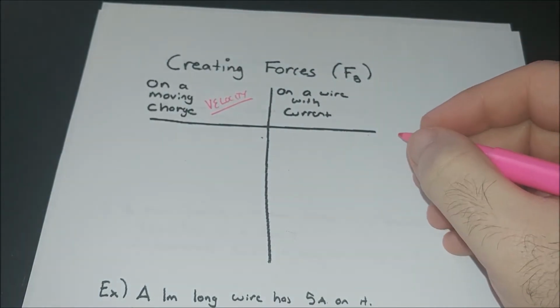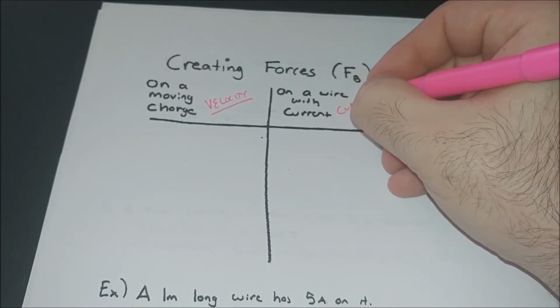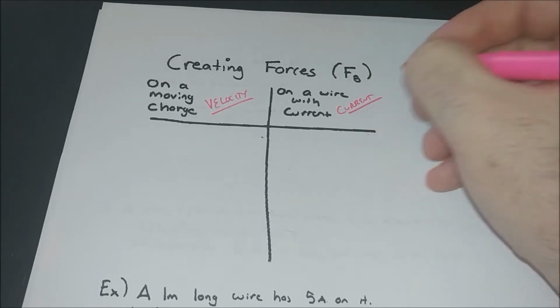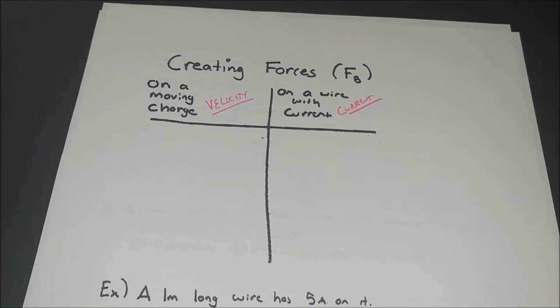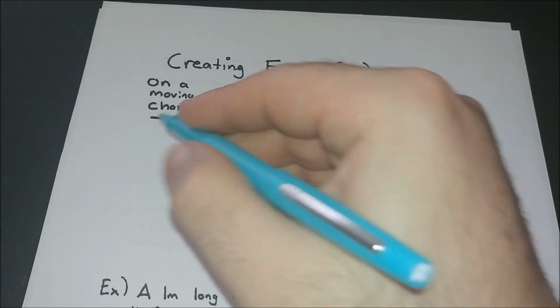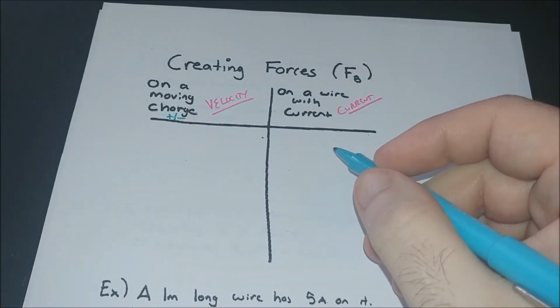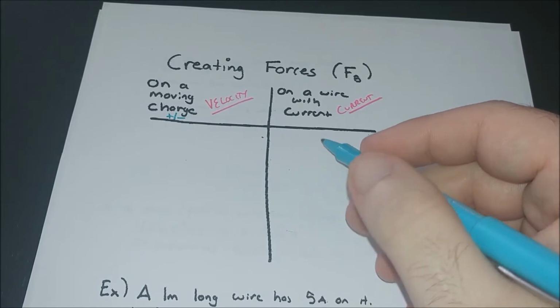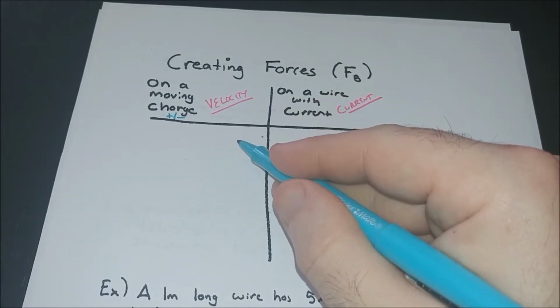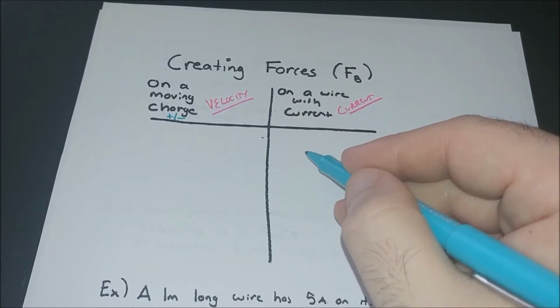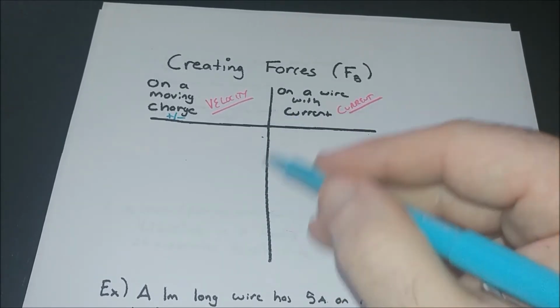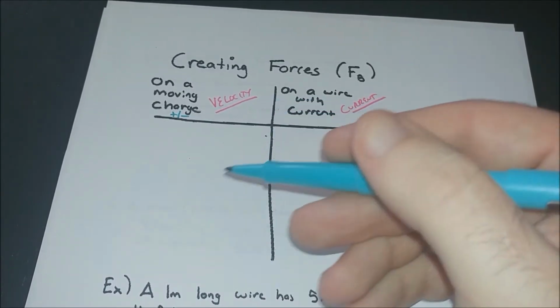The other one's on a wire with current, which is going to be current. You use 2 different hands because the charge is going to be positive or negative. But as you know, positive and negative won't affect the amount of force, it will affect the direction. So the difference between the equations is current versus velocity, whereas the difference between your hands is positive and negative.